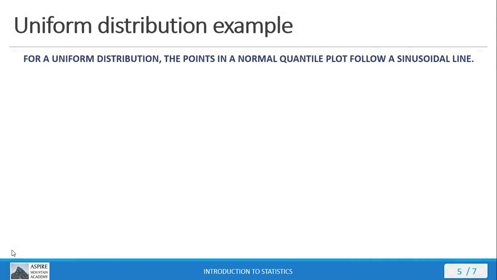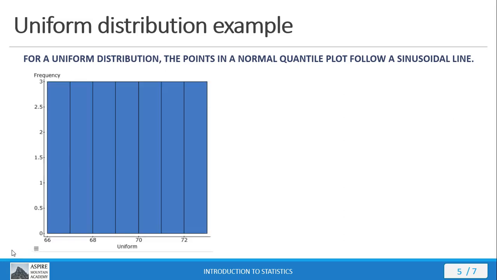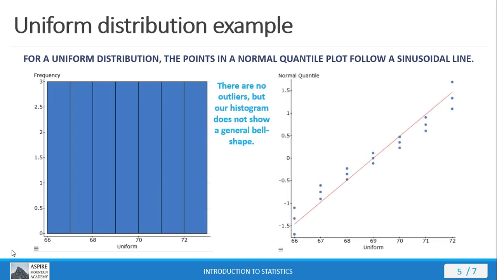If we have a uniform distribution, the points in the normal quantile plot will follow a sinusoidal line. If we look at the histogram for a uniform distribution, we get something that looks pretty much like this, where all the different categories are occurring at the same frequency. This is a uniform distribution. It's got that box shape to it. If we make the normal quantile plot for these data, here's what it looks like.